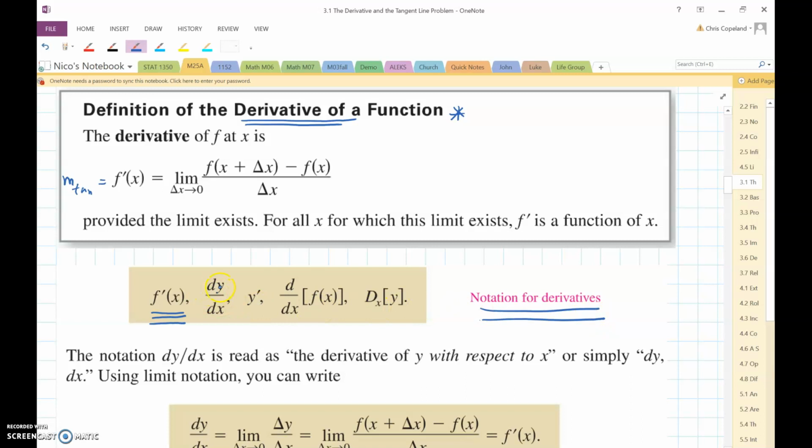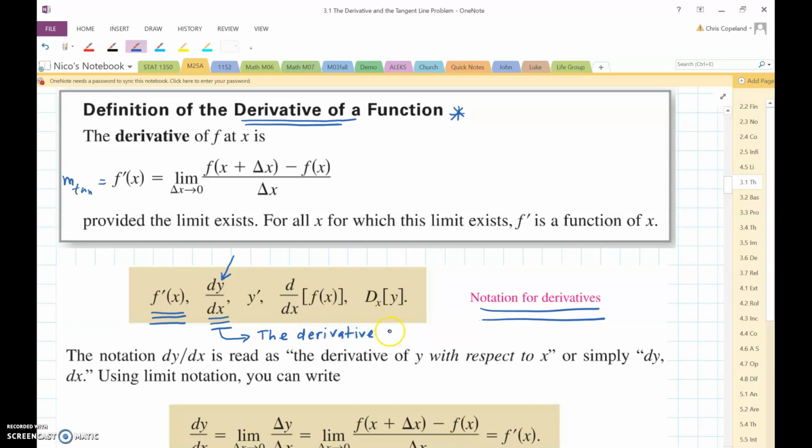This is the derivative of the function y with respect to x. I'll write this out because it's good to be able to say this. It's going to make more sense as we continue to work with derivatives.